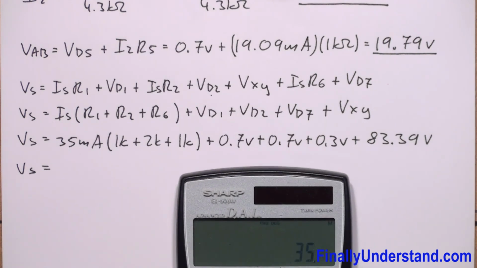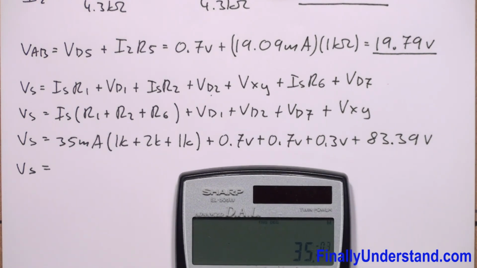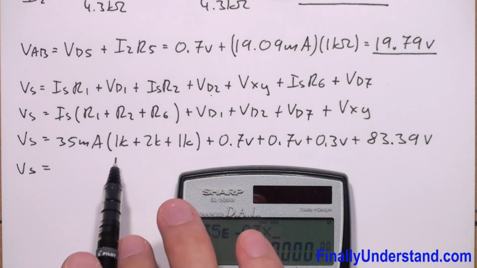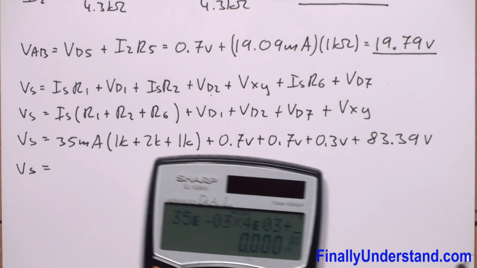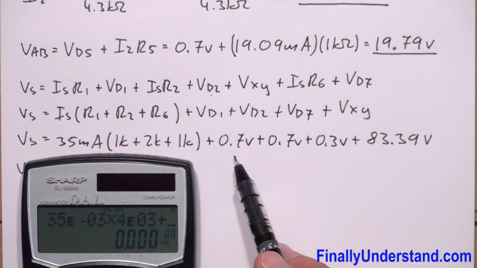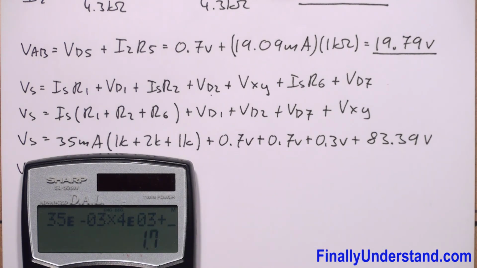So I have 35 exponent negative 3 times the parenthesis, 4 kilo inside of it, 4 exponent 3, plus 1.7 volts plus 83.39 volts.